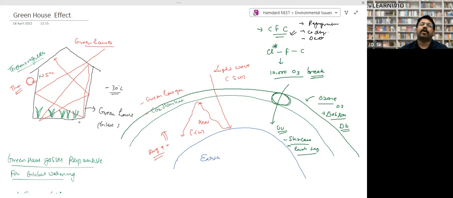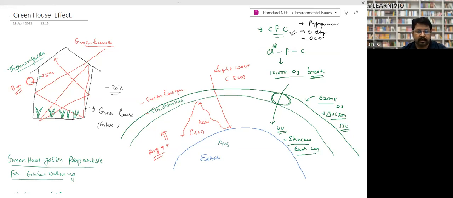We have a layer of carbon dioxide around our Earth. So when the light comes inside, it penetrates the carbon dioxide layer and touches the Earth. After that, when it is reflected back in the form of heat, the carbon dioxide layer does not allow it to go outside. That's why the average temperature of the Earth is, what is the average temperature of the Earth?